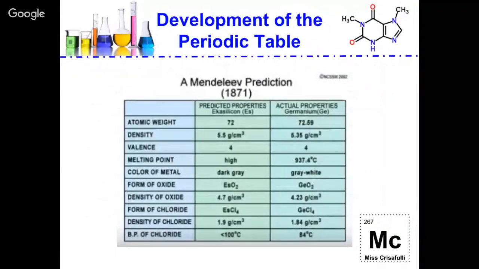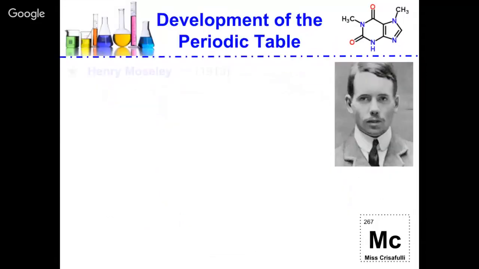So in 1871, Mendeleev made a prediction about an element that we hadn't found yet. He had the atomic weight, density, valence electrons, melting point, color, and on and on. He made all of these predictions. When we actually discovered germanium, a lot of his predictions were pretty close, if not dead on. And so his way of thinking about the elements and organizing them makes sense.